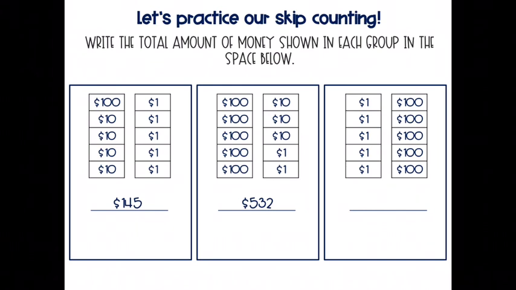This time, it shows our ones first and then our hundreds, but we can still count them the same way, just like this. 100, 200, 300, 400, 500, 501, 502, 503, 504, $505. Very good.